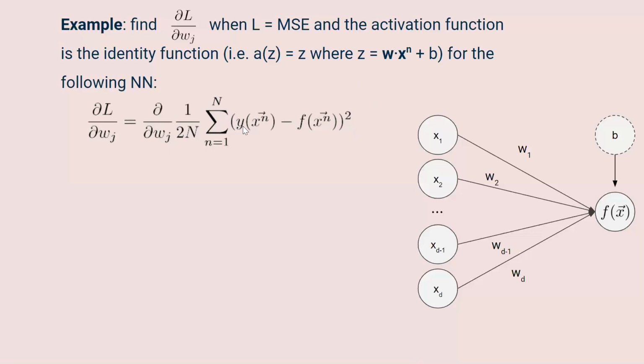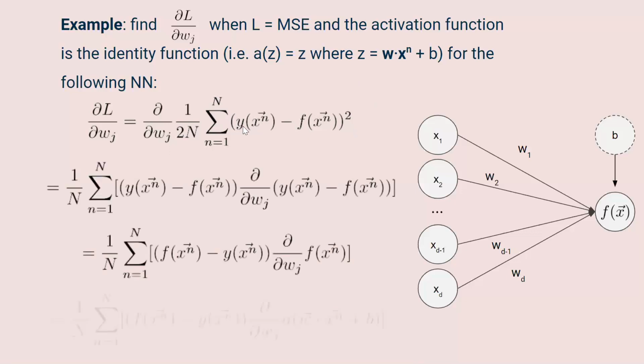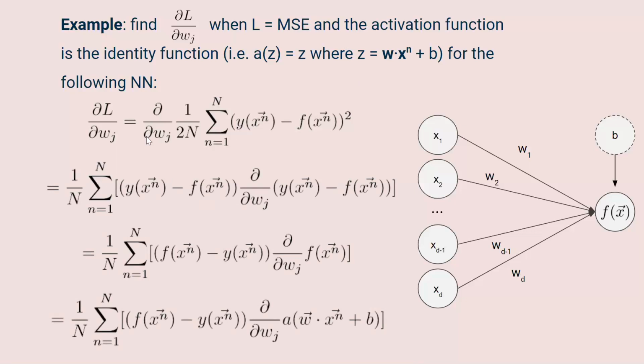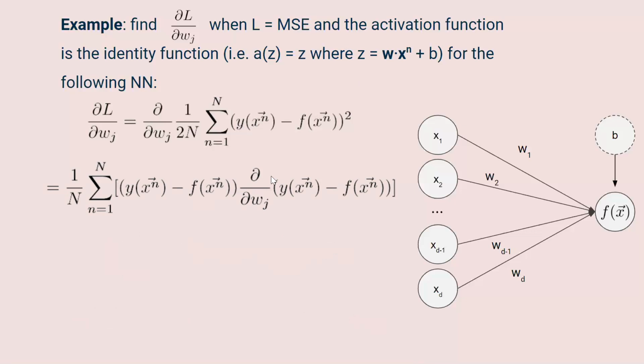And the reason why we had the 2 is actually because in this step right here, the second step, you'll note that when we take the derivative of this squared quantity, with our derivative rules, this 2 comes down over here. Oh, yeah.